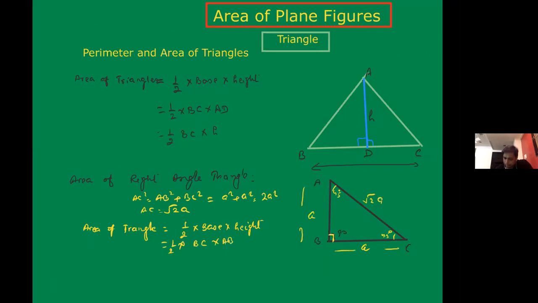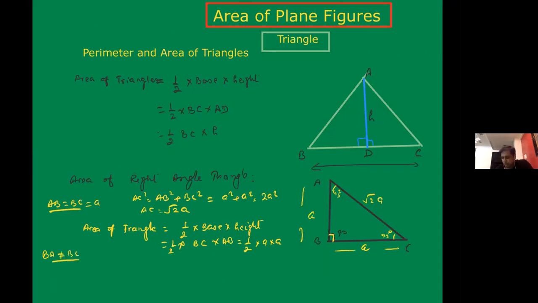Okay, so it is equivalent to 1 by 2 BC is A and AB is A. So in this case AB and BC are the same, where AB equals BC.